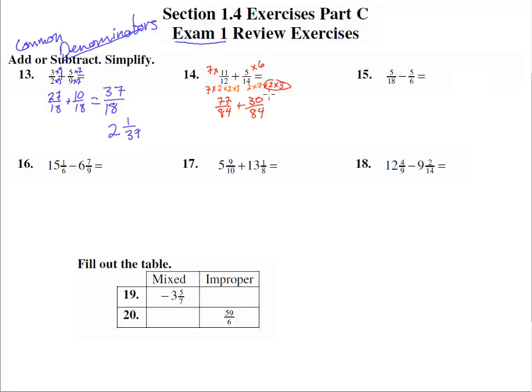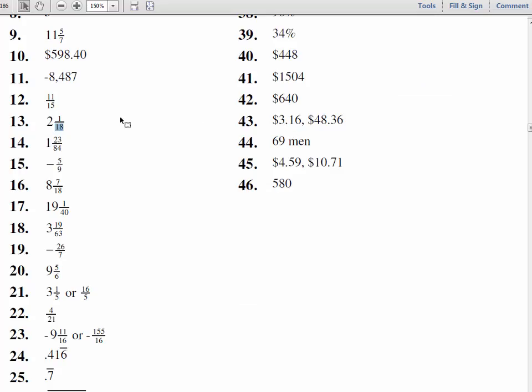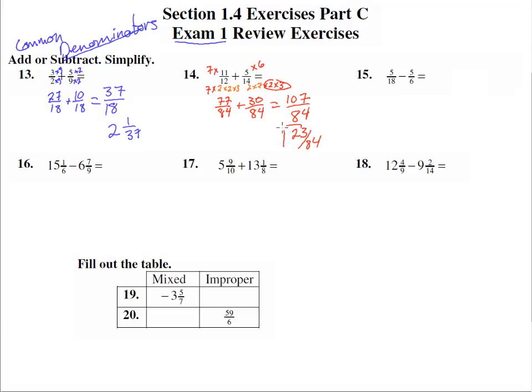This method of using prime factorization may help us out a little bit. 77 plus 30 is 107 84ths, which you can leave like that, or you could turn into a mixed number. So 84 will go into that one time with how many left over? 107 minus 84 looks like 23 84ths. So let's double check that answer. And indeed we have it, 1 and 23 84ths.